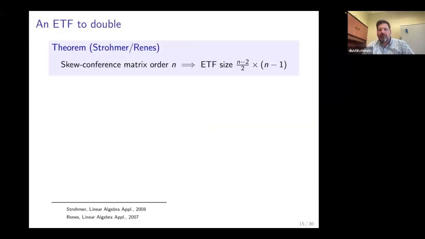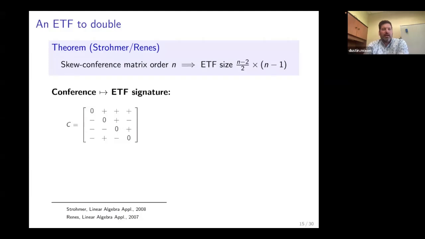There's a particularly nice example of an ETF that's not quite redundancy 2. In this case, n minus 1 is twice d plus 1. Okay, so it's just 1 shy, or 1 in addition to 2d. So we can run this doubling thing to that construction. The way they do it is they take their conference matrix, their skew symmetric conference matrix, and they rip out the core.